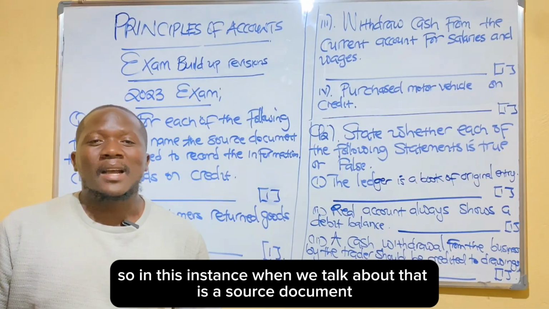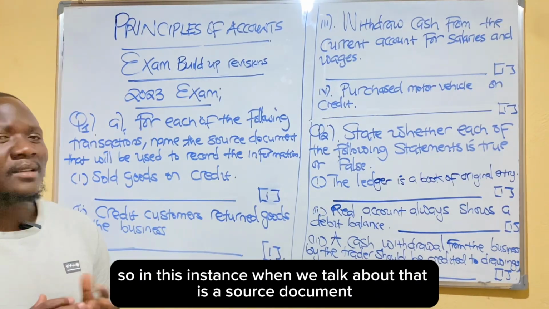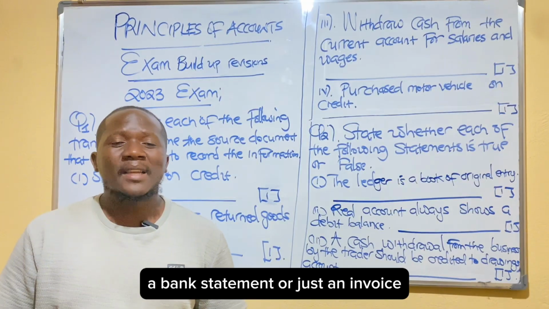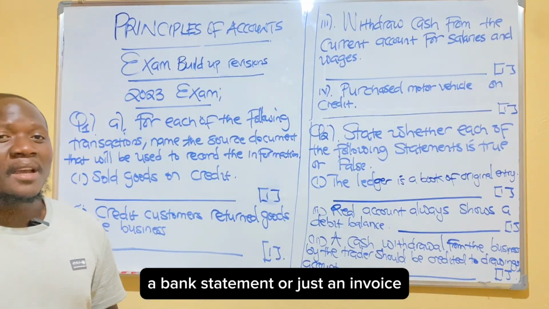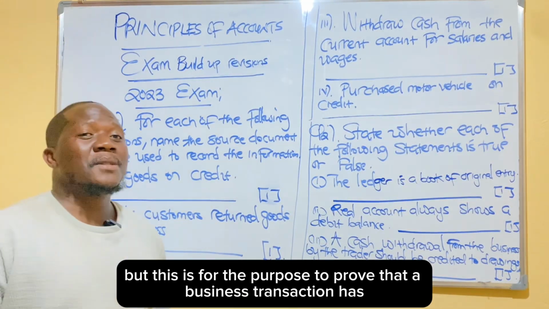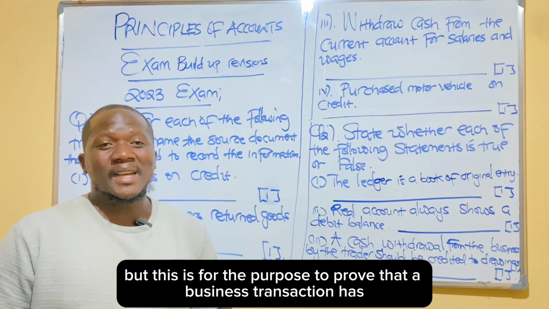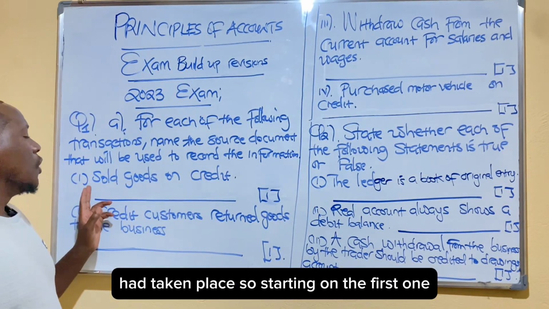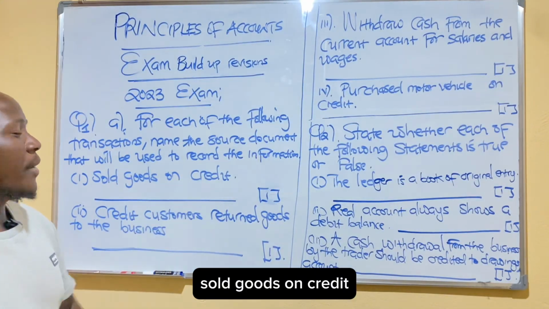On the first one, it says sold goods on credit. In this instance, a source document can be an example of a receipt, a bank statement, or just an invoice, but this is for the purpose to prove that a business transaction has taken place. So starting on the first one, sold goods on credit.